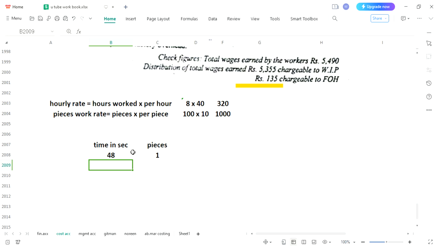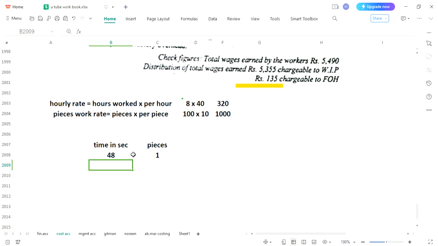Now the next procedure is to find how many pieces one worker will make in 1 hour. This is our standard. Before that, you just answer me how many seconds are present in 1 hour. The question is very simple.